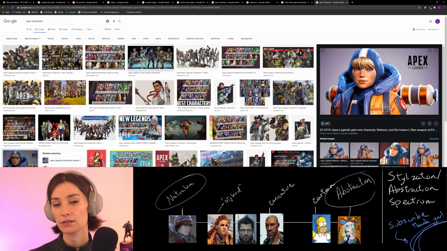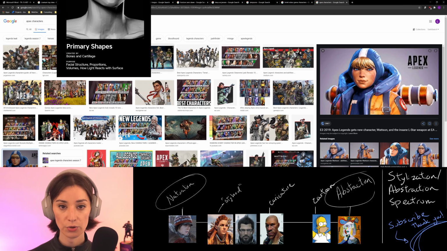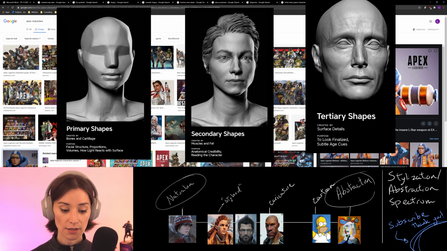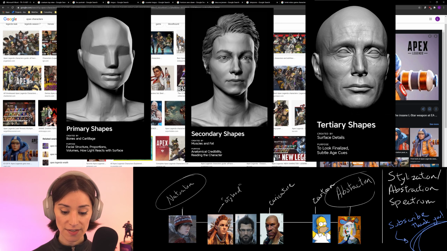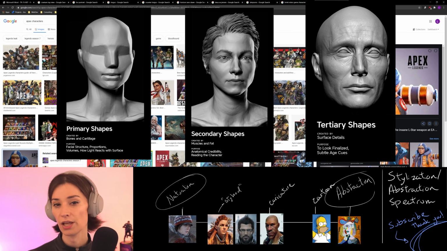I mean, yes, in a very general sense it is, but it really helps to think of stylization as it applies to primary, secondary, and tertiary details, because stylization can happen to different degrees at these different facial volume levels, if that makes any sense.